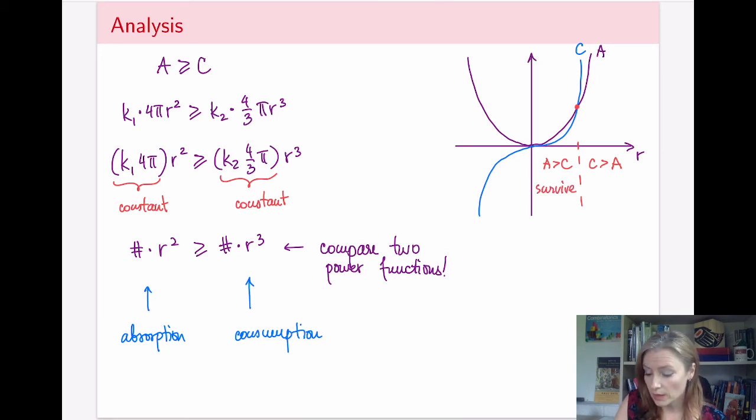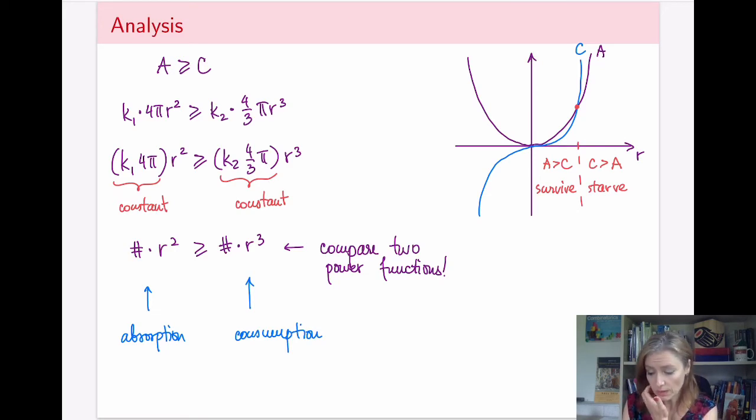Once we are past this switch point, the consumption lies on top of absorption, which means that now the cell needs more nutrients than it can actually take in, which unfortunately for the cell means that the cell will starve. There's just not enough nutrients, right?